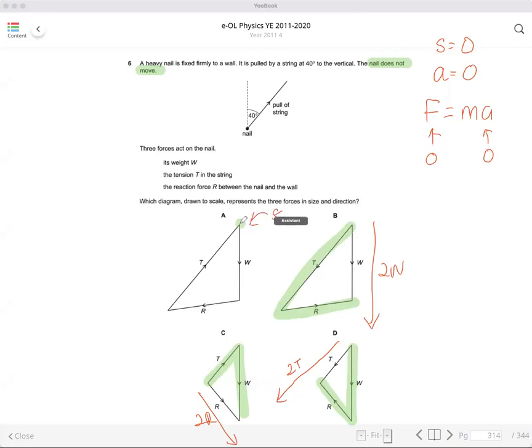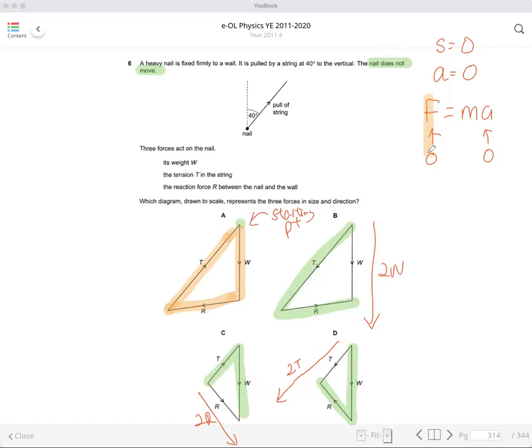Okay, this is my starting point. I start moving in this direction. I start going down, then I go left, then I go up. Can you see? It goes back to the original point.